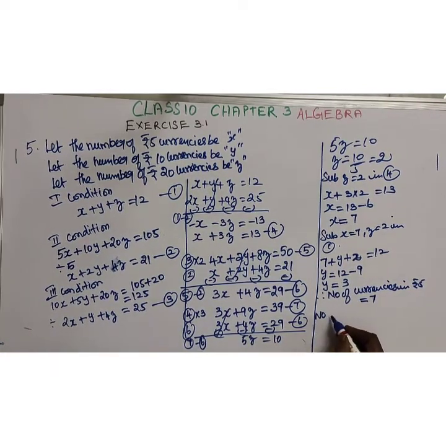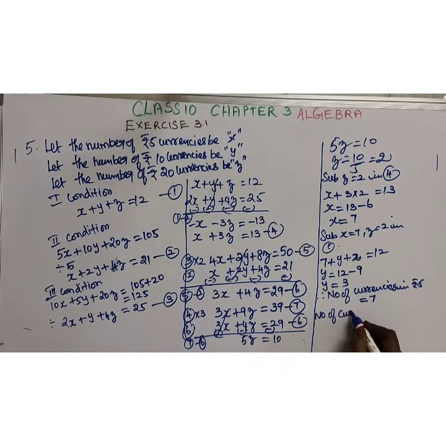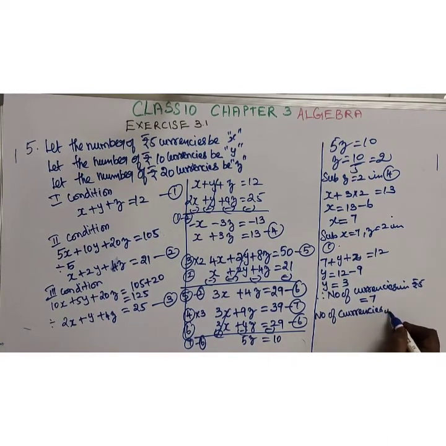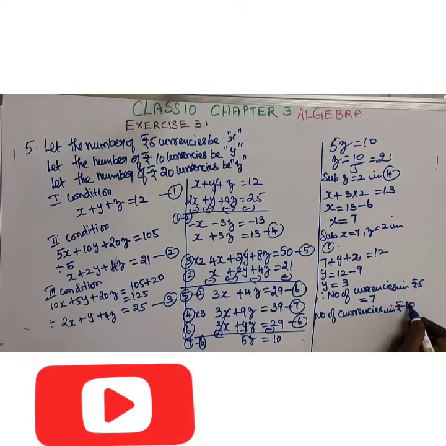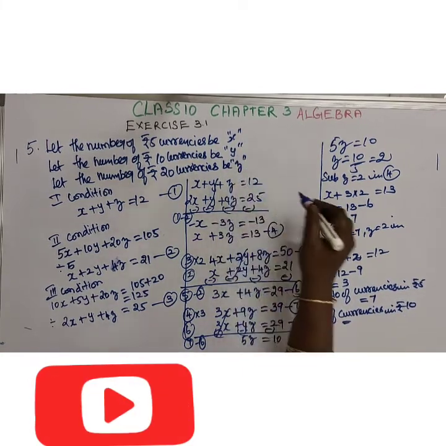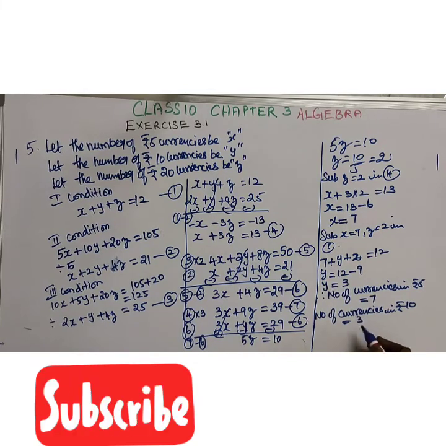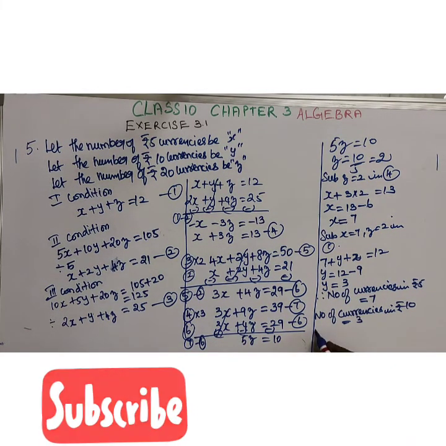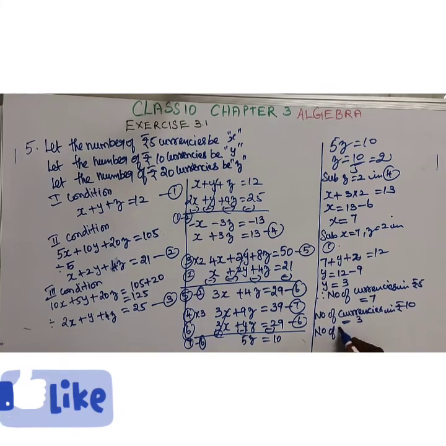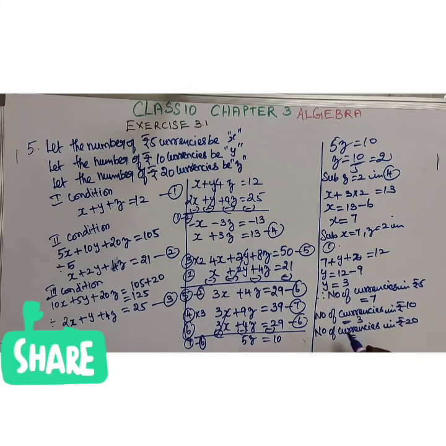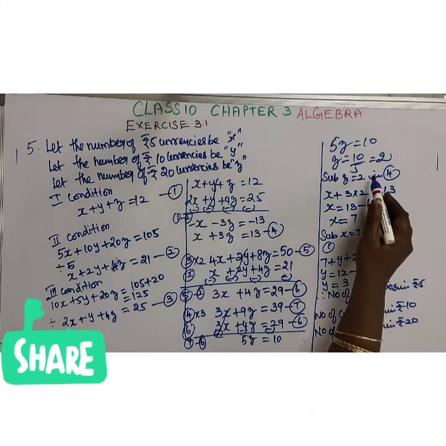Likewise, number of currencies in rupees 10 is Y value is 3. Number of currencies in rupees 20 is Z value is 2.